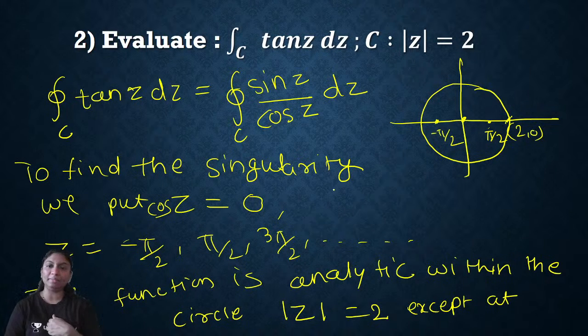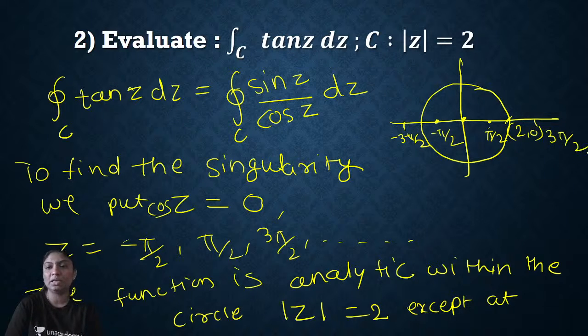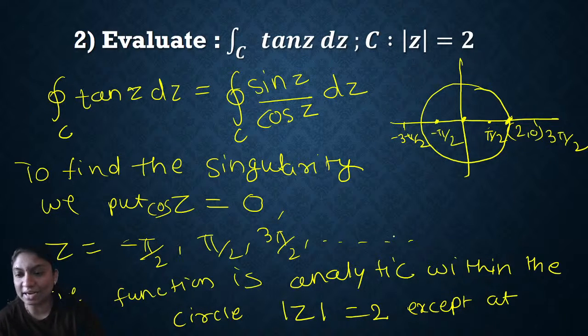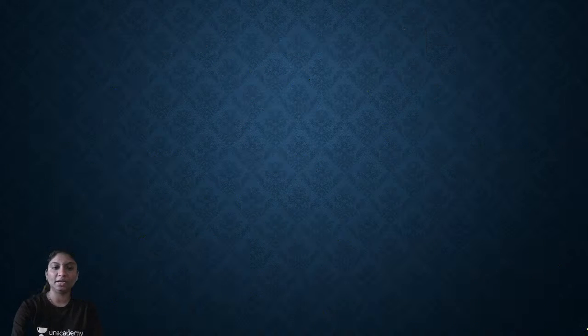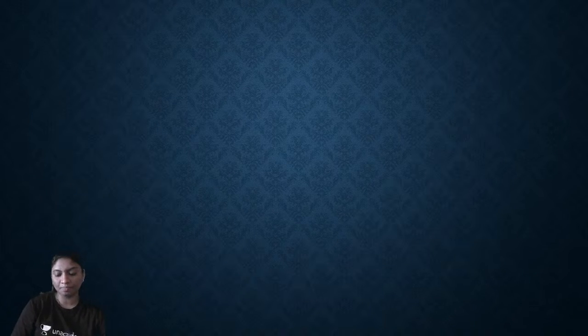Because minus 3 pi by 2 and plus 3 pi by 2 are outside the circle C, since the radius given here is |z| = 2. It only goes up to here, so these two points are outside the circle C, right? The function is analytic within the circle except at z = minus pi by 2 and plus pi by 2, right?